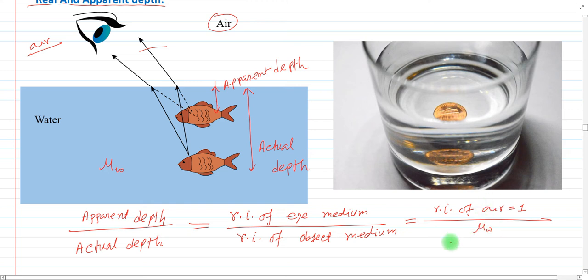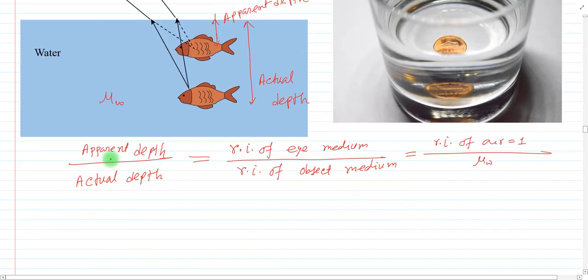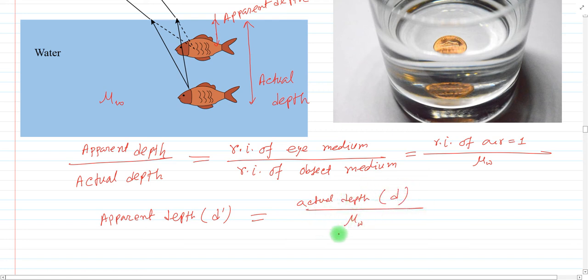Okay, then apparent depth, which can be denoted by d dash, equals actual depth d by mu w, or mu of the object medium. Okay, this one is the object medium, and here we have taken the I in air medium. Okay, so d dash will be d by mu.